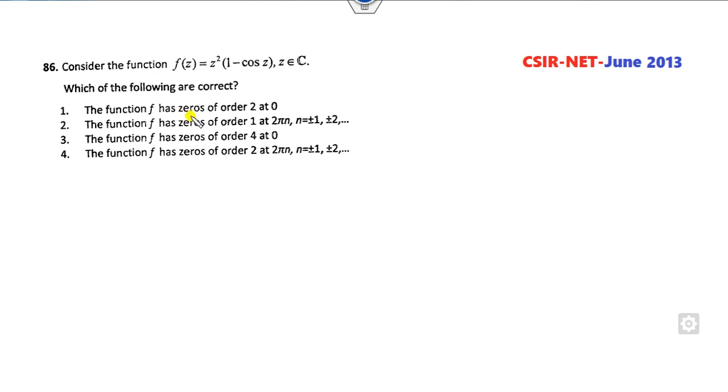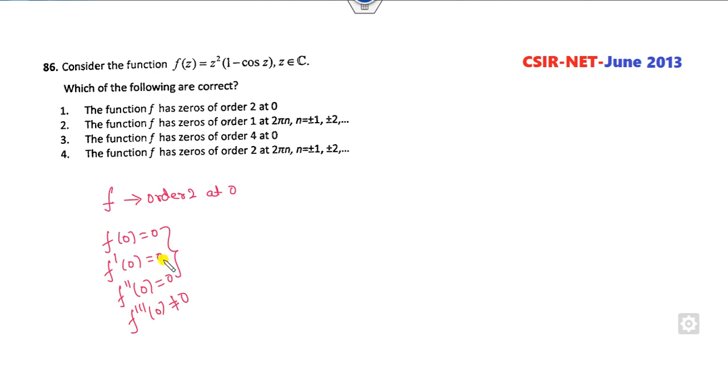Okay, now they are talking about the zeros. How can you check what the meaning of that is? If f has order 2 at 0, what is the meaning of that? It means f of 0 is 0, f dash 0, f double dash 0, but f triple dash is non-zero. That's the meaning of the order here.